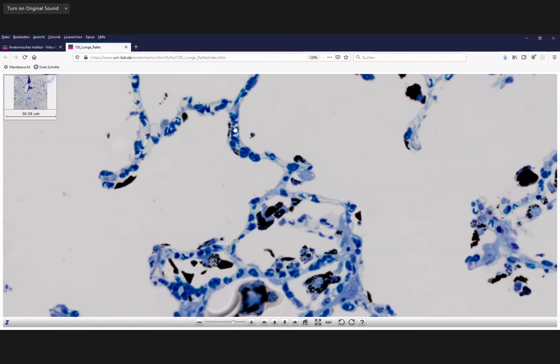Who wants to try to remember what the barrier looks like? So the gas, oxygen or CO2, has to go through which layers, which are all very thin, but you still have them? Who wants to give it a try?